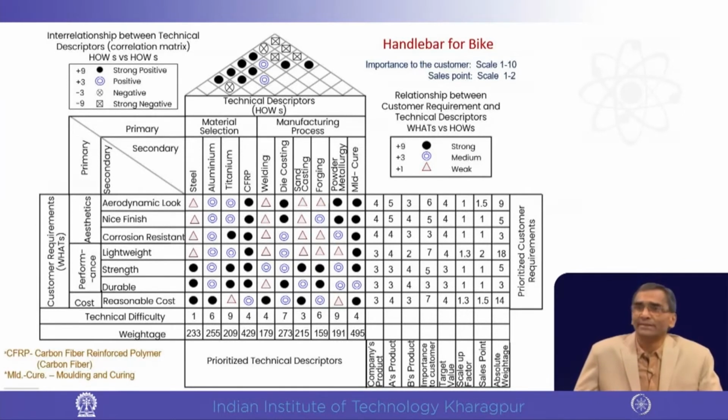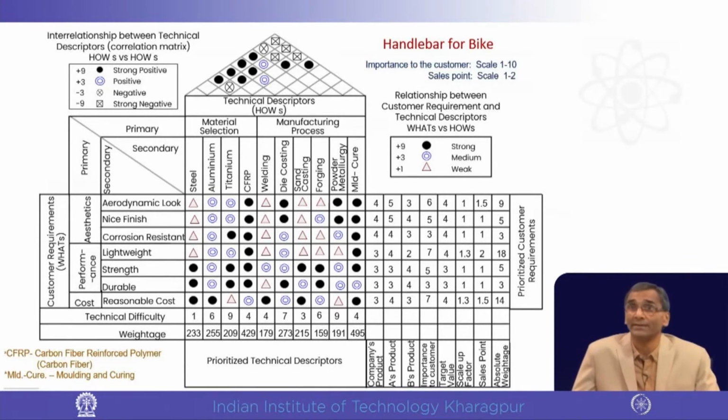So, what is the primary one? The primary requirement for the customer, taking the example of the handlebar of a bike, would be 3 things: performance, aesthetics, and cost. One is the function, another is the form, the look, how it appears, and the third one is the cost. So, these 3 broad things are what has been understood from the voice of the customer.